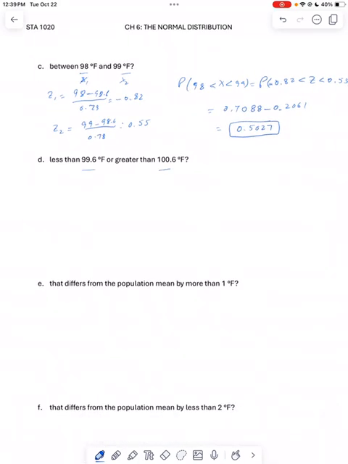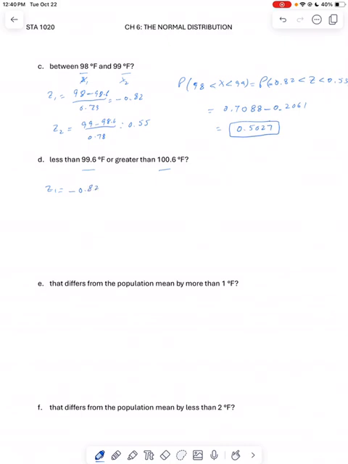So again, we have to find z1. Oh, we already have the 99 one, I'm not going to redo it. So z1 is equal to negative 0.82.